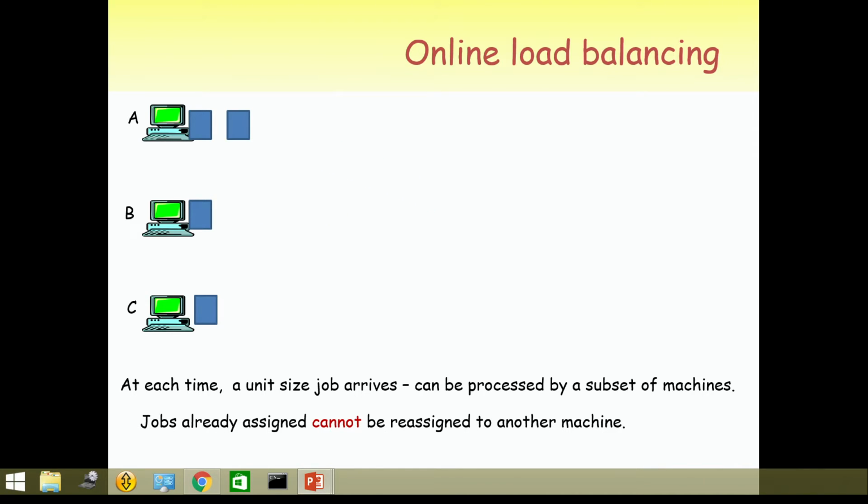The idea is that the jobs that I have already assigned cannot be reassigned. That's the second point, that I cannot change my solution at each point of time. And the goal is to minimize the maximum load on a machine. The load on a machine is how many jobs you have sent to it. So look at all the machines and take the max of the load on each machine, and you want to minimize this. This problem has been studied very well for a long period of time.